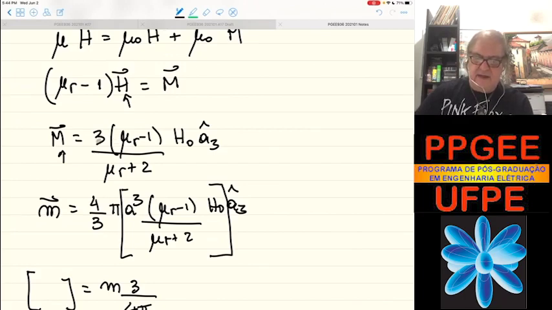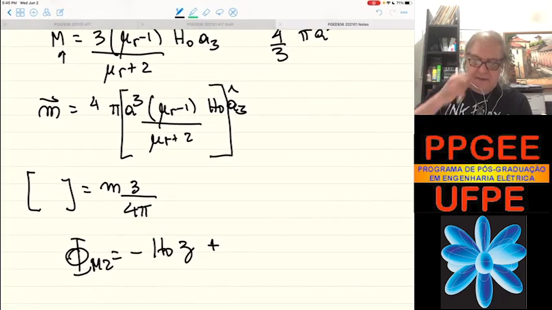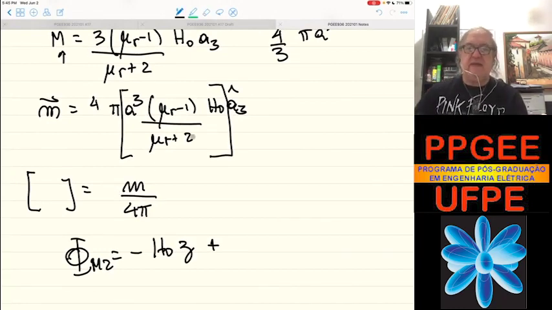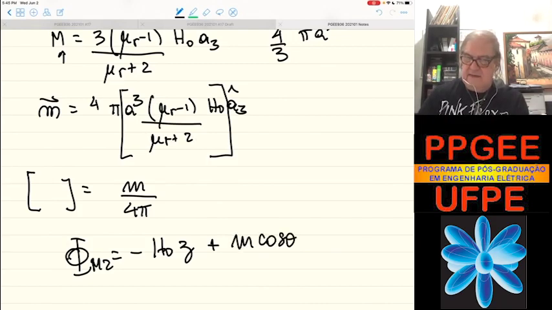I had to cut off a 3 here. There's 4 pi here. Sorry about that. The 3 times the 4/3 of pi a cubed, so we cut a 3. There's no 3 here. So that's going to be M divided by 4 pi. So if you look at the potential, it's going to be a cubed mu r. So that's what we have there. It's going to be M cosine theta over 4 pi r squared AZ.